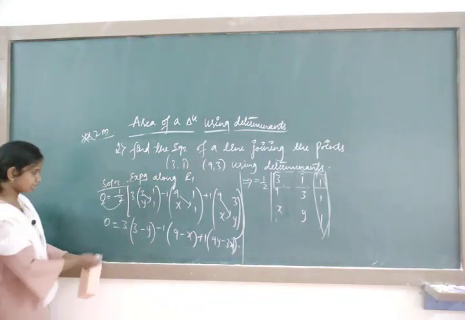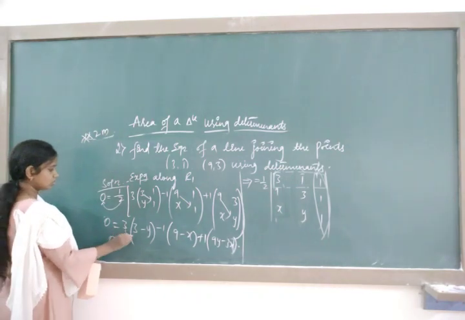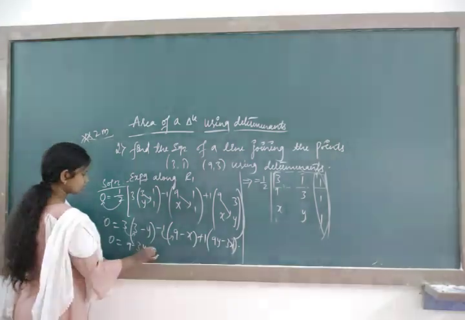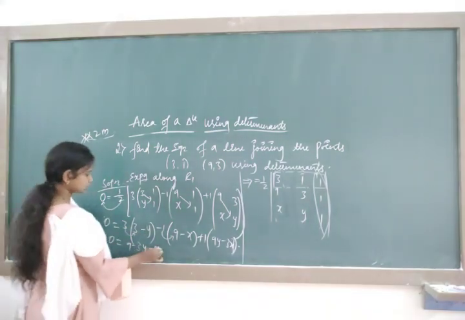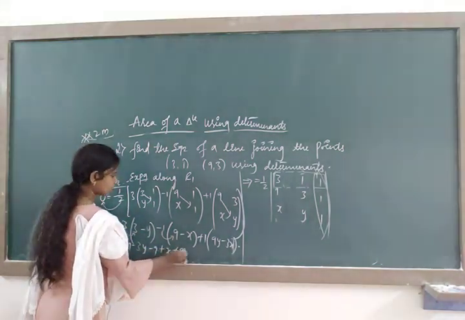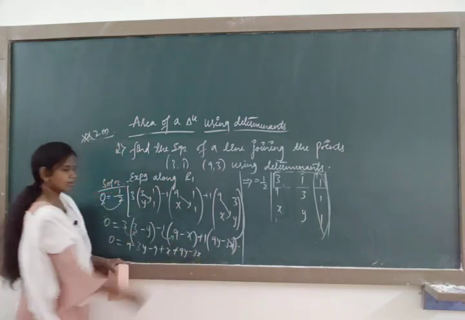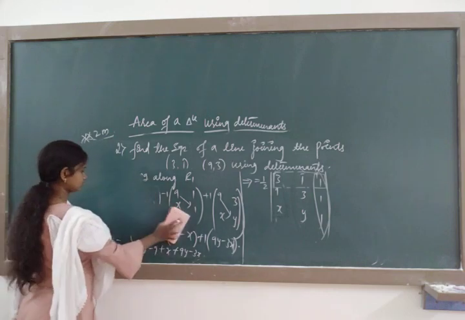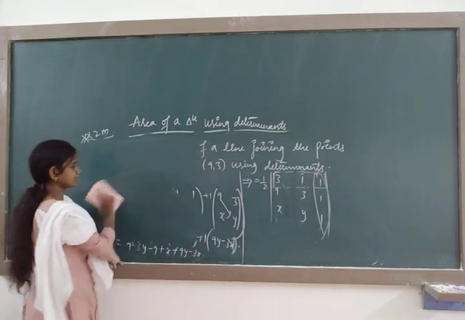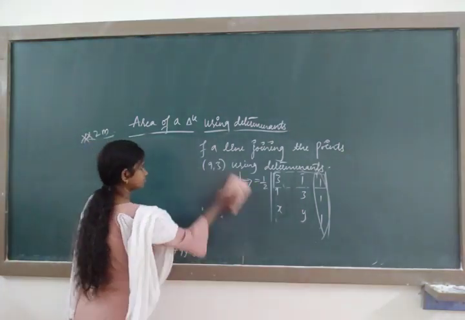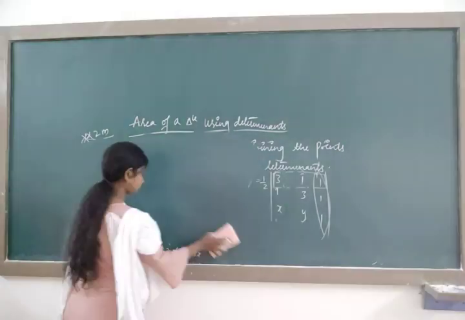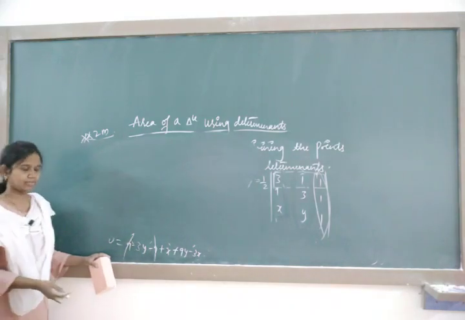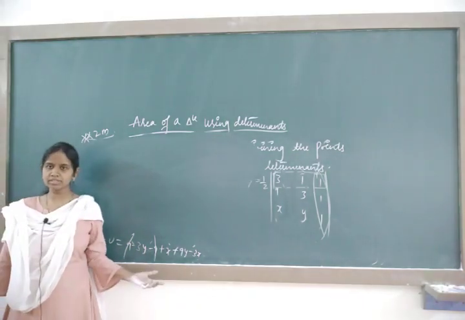Now further simplification: 0 is equal to, take inside, 3 3s are 9 minus 3y; take inside minus 9, minus into minus plus x, plus 9y minus 3x. So plus 9 minus 9 will get cancelled. If anything gets cancelled, just cancel it out.